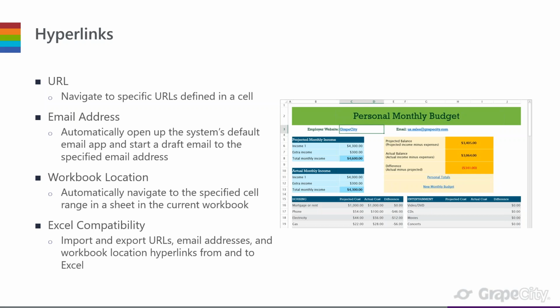URLs will simply navigate to the specified URL in the web browser. The email address hyperlink will open up the system's default email application and start a draft address to the specified address when clicked. The final Excel parity hyperlink type is a workbook location, which will automatically navigate to a specified cell range in a sheet in the current workbook.